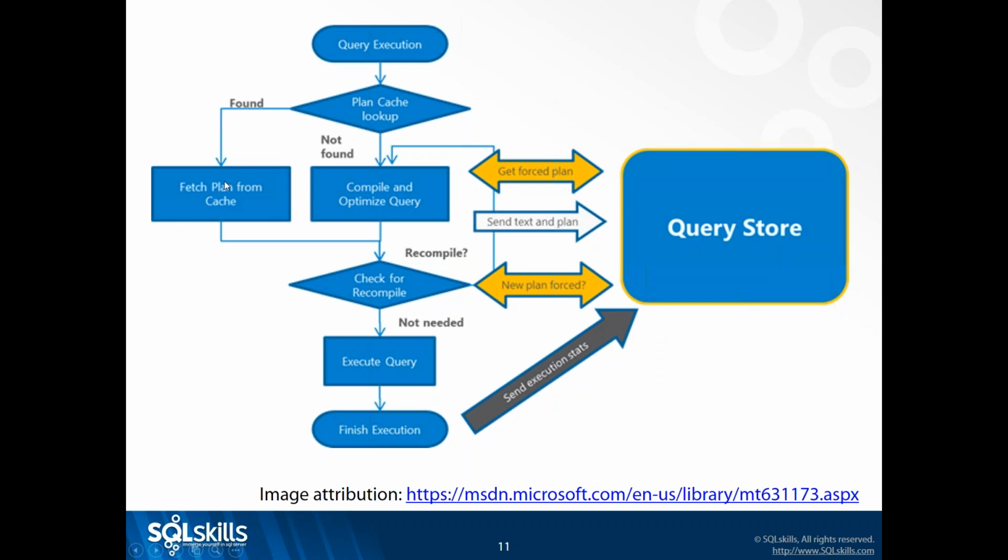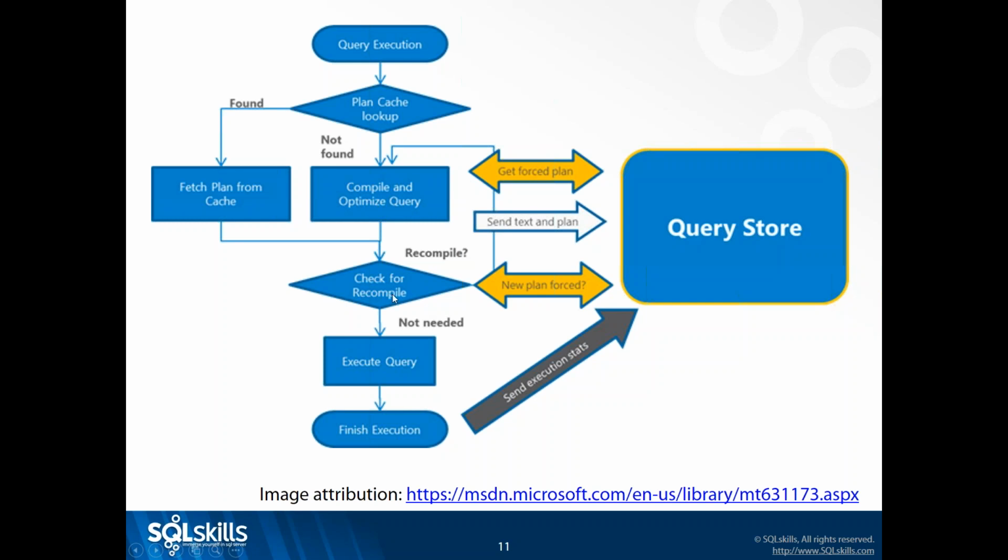If it's found there, then we're going to grab that plan. If we don't find that plan in cache, then we'll go through compilation and optimization. At this point, if there is any plan forcing occurring, there's still a verification that the plan is valid, and there's a check for a recompile.